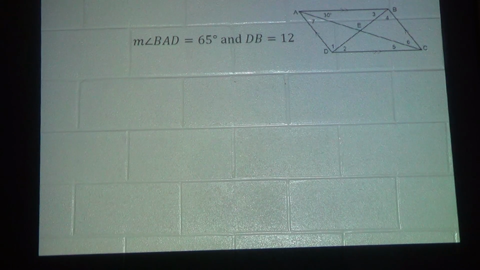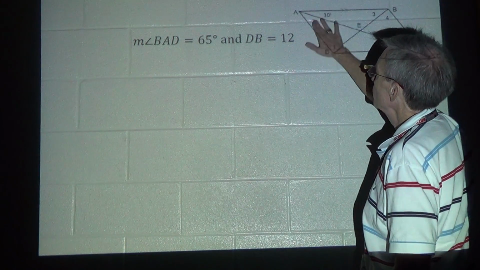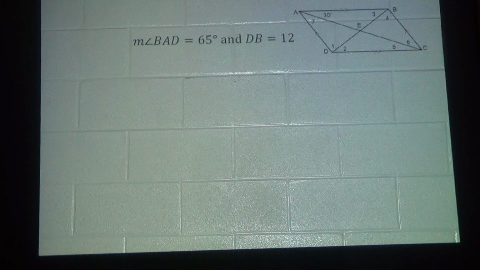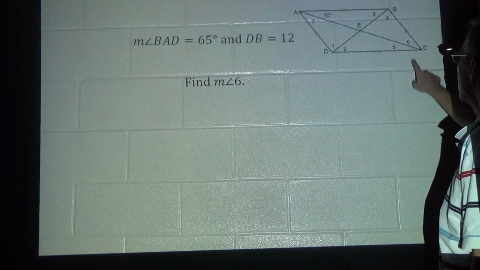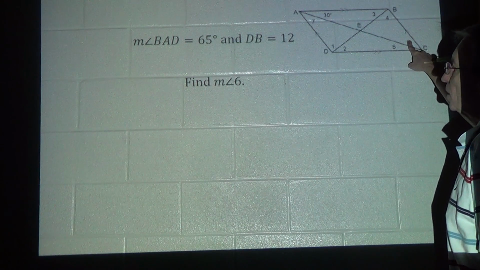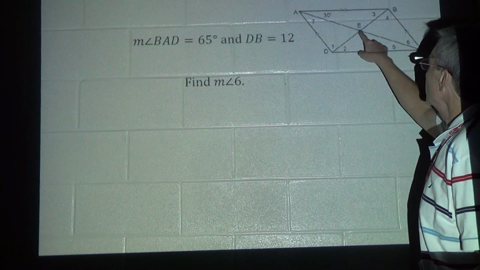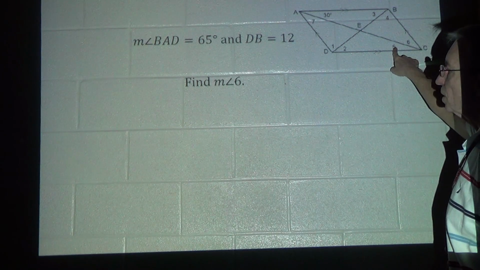Okay, example 12. Not sure what they're going to ask us this time, but once again, this big angle up here is 65, and this diagonal is 12. I suspect it'd be something about the diagonals since they haven't said anything about that. Well, here we go. Measure of angle 6. Measure of angle 6 has to be the same as the measure of angle 7 because the measure of angle 5 is 30.